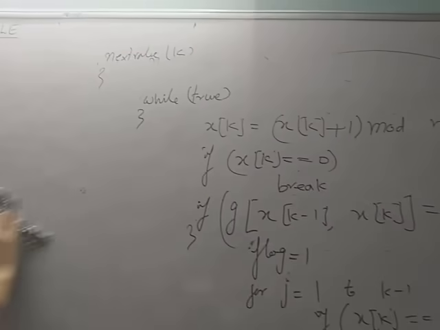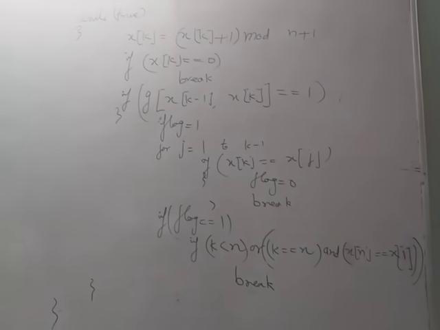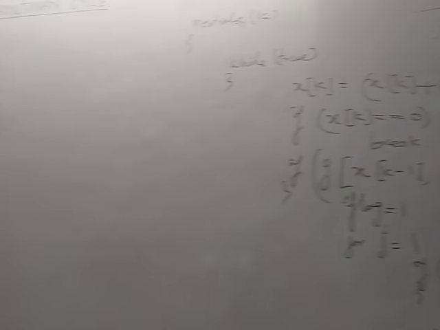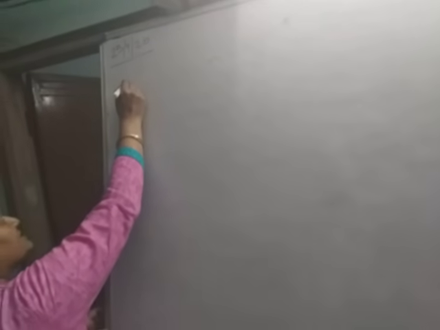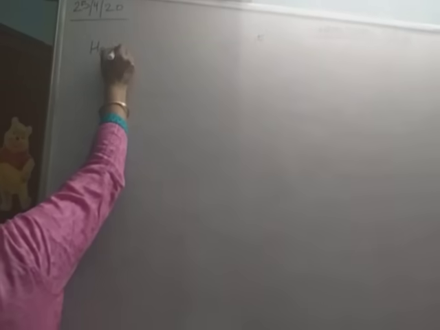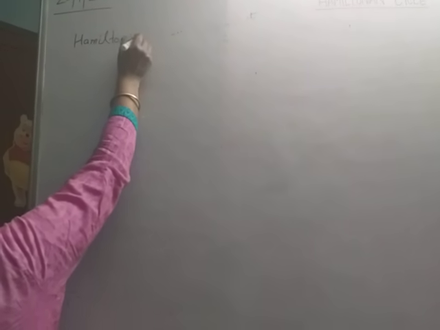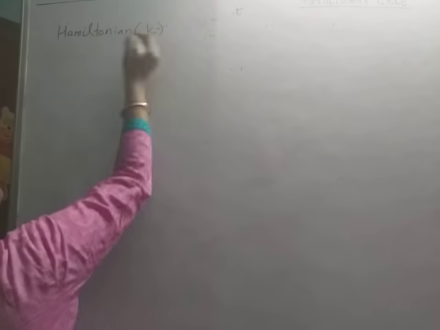Now, this is the bounding function for the Hamiltonian cycle, and the main function is very similar to the graph coloring problem, M coloring. Hamiltonian k.